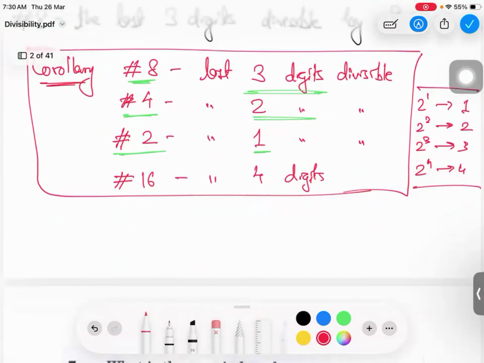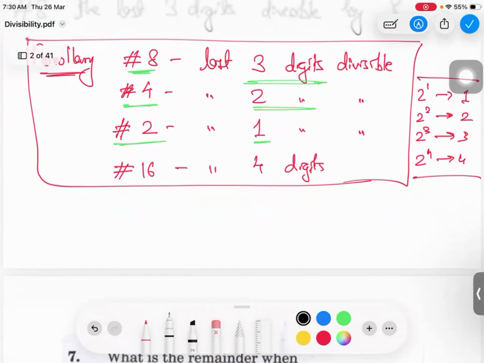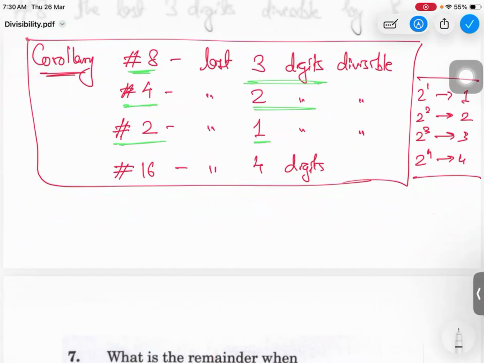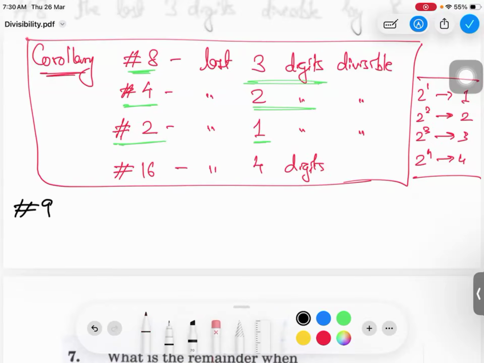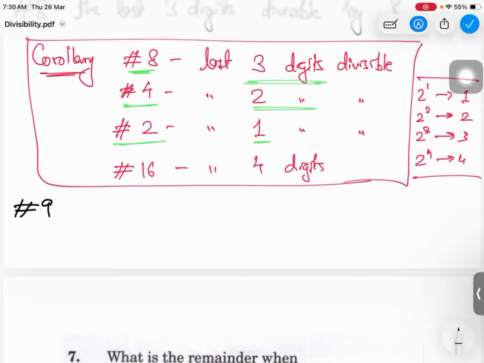And again, we are left with number 9. Tell me, what about number 9? I think the sum of the digits divisible by 9. I think that is perfect.